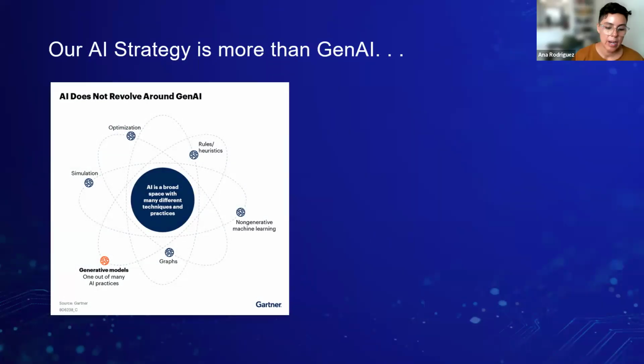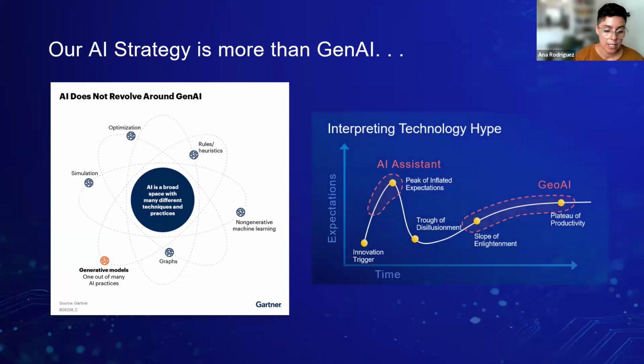And now, our AI strategy has always included more than just generative AI, right? We've used our tools for many years for analysis, for simulation and optimization, and even things like non-generative machine learning workflows. And we like to show this, as with any innovative technology, when it first comes out, it's always introduced and it follows this technology hype pattern, right?